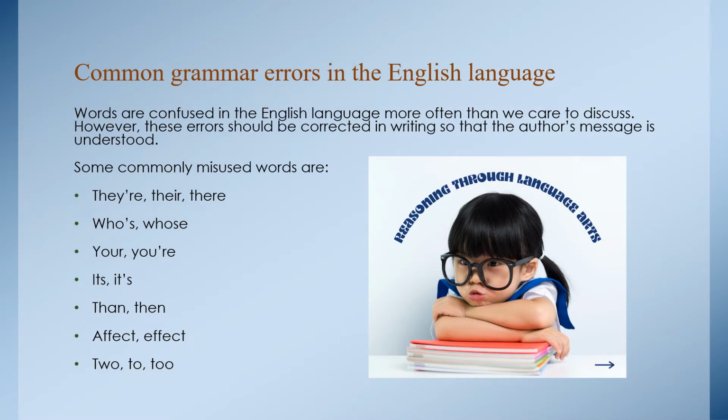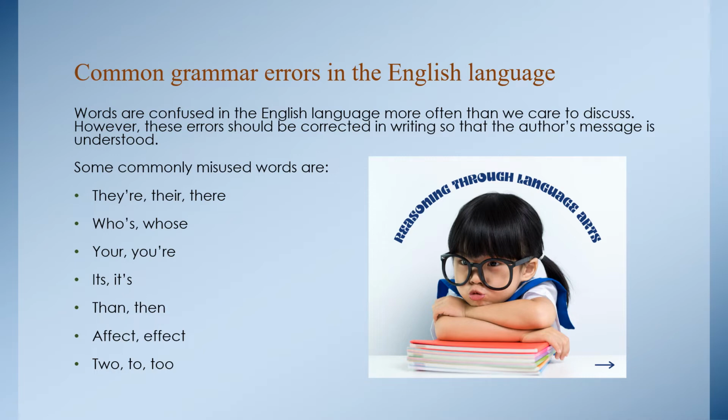Now we're going to cover misused words. There are words in the English language that are commonly misused, and some of those are there, they're, versus their versus there. Who's, with an apostrophe S, that's WHO apostrophe S, or whose, WHOSE.